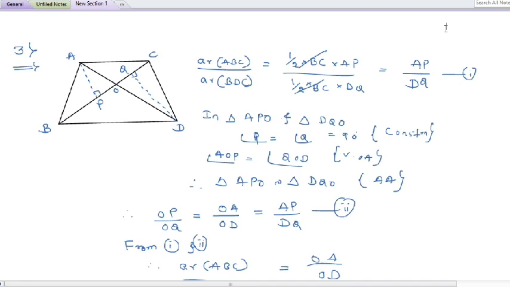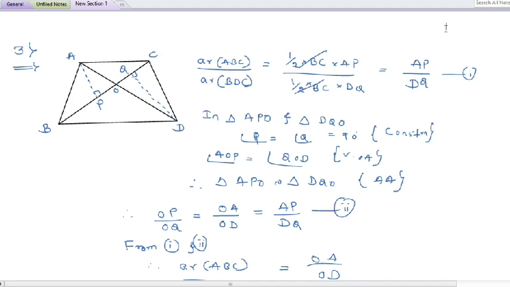Because by construction I have drawn the perpendiculars here, area of ABC can be written as half into base BC into height AP, divided by, similarly for BDC, half into BC into DQ. Half into BC cancels on both the numerator and denominator. What remains? AP by DQ. Call this equation number 1.